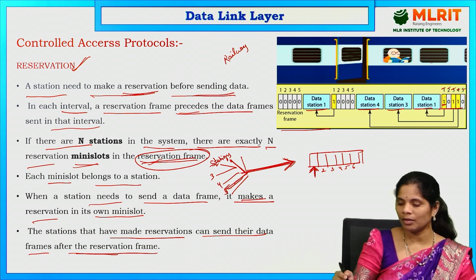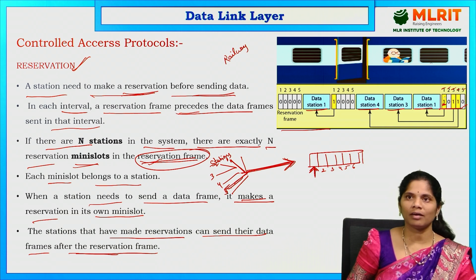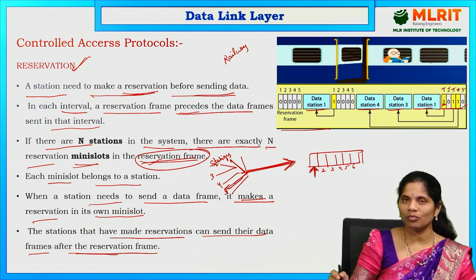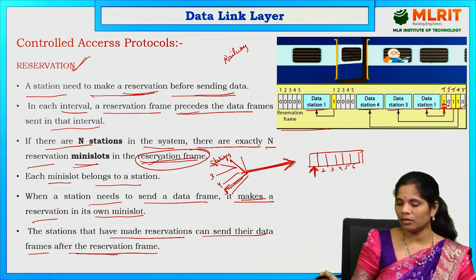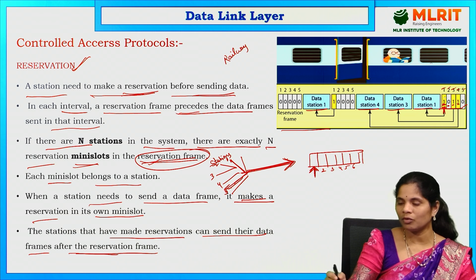Suppose yellow color indicates that the station is ready to send the data. Station 2 is not ready to send the data. Station 3 is ready to send the data. Station 4 is ready to send the data. Station 5 is not ready to send the data.